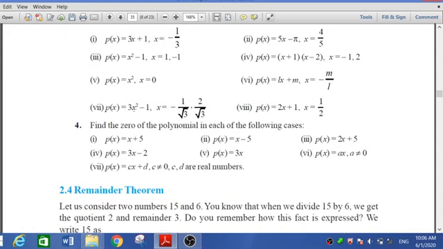Now the 7th sum, 3x square minus 1. Now x is equal to minus 1 upon 3, whole squared. So 3 minus 1 is 1, root 3 is 3.